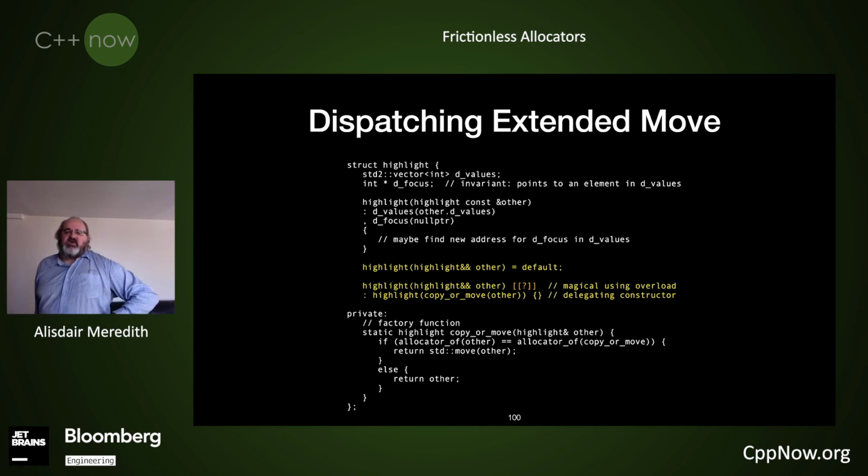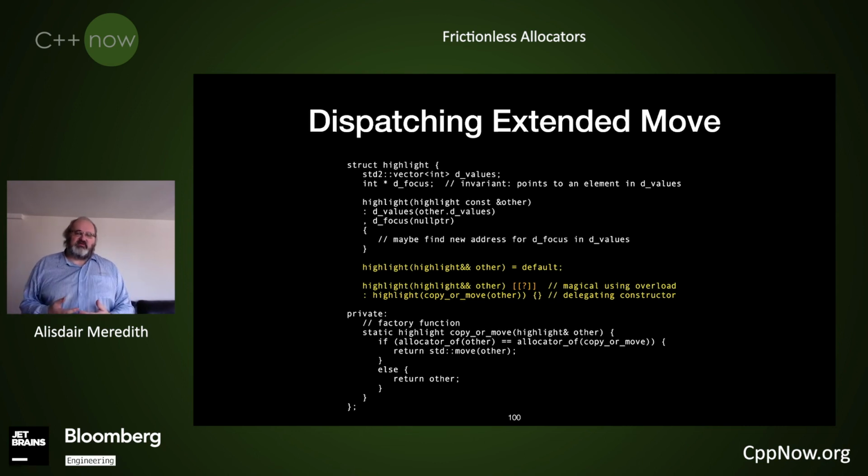But then I'm going to have this other magical overload that says, I want to delegate to either the move or the copy constructor. But the problem is I can't do a ternary operator to delegate to a different constructor in C++20.